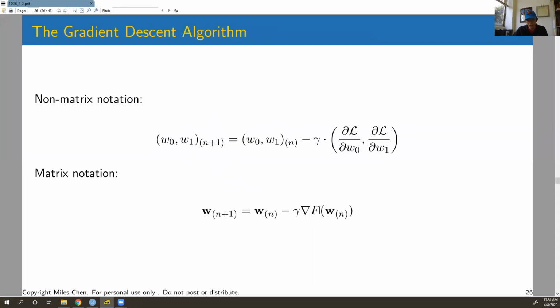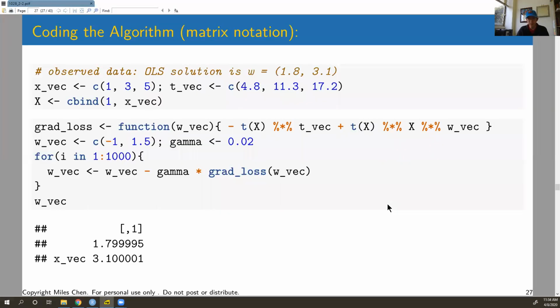And here it is. Again, the gradient descent algorithm in matrix notation is just take your current value of w and subtract off gamma times the gradient at w, okay? And that's how we update w. So when I code this up, this is what it's going to look like. These are my coordinates, okay?